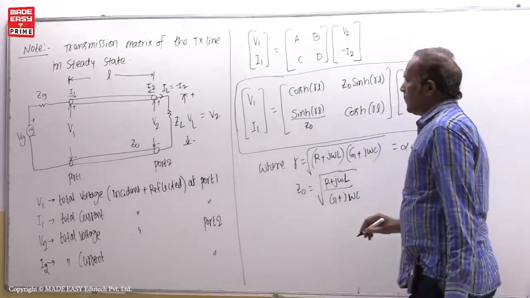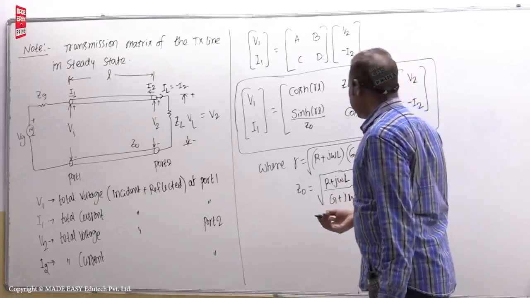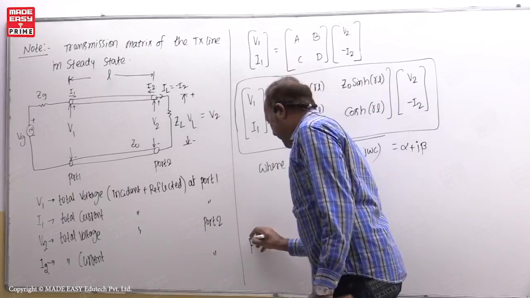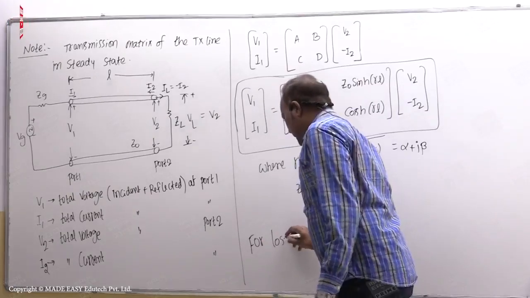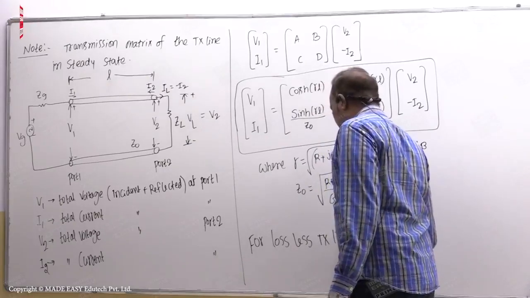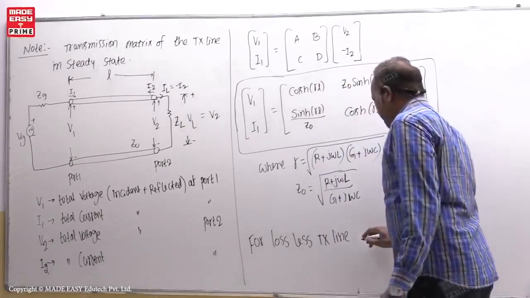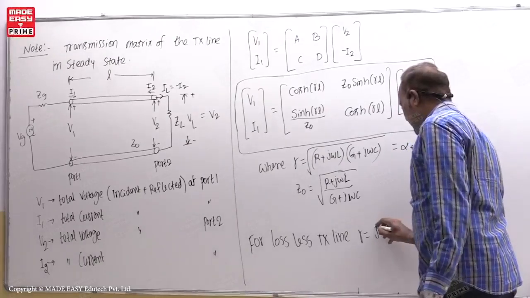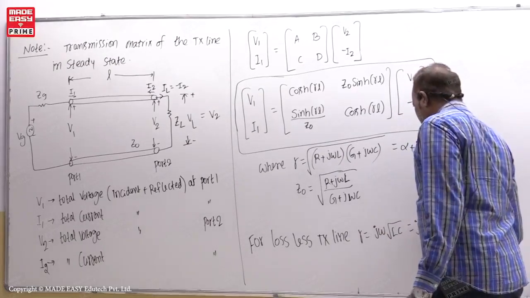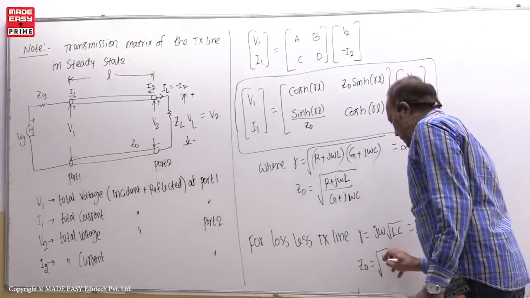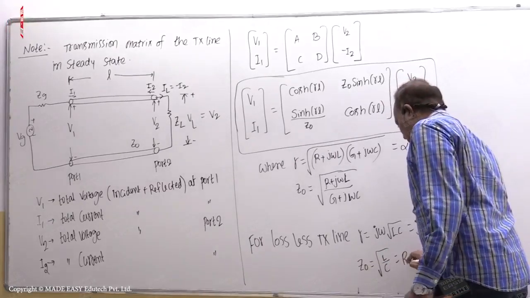Next, for a lossless transmission line, gamma is equal to j omega root LC, that is nothing but j beta, and Z0 is equal to root of L by C, that is nothing but R0.